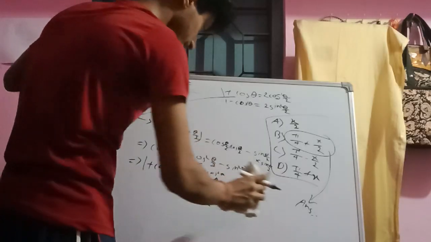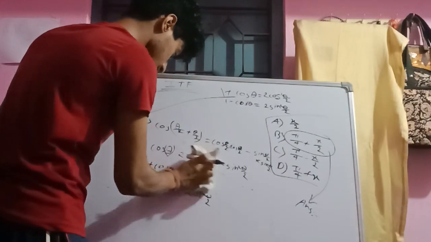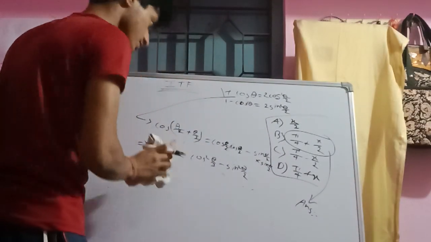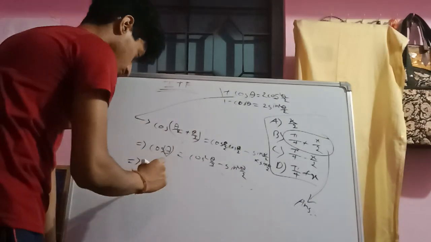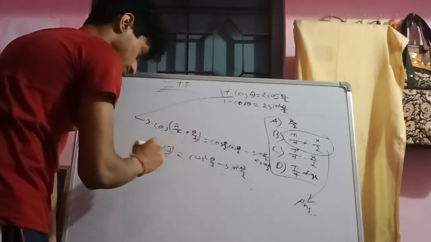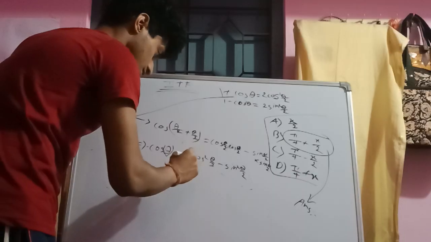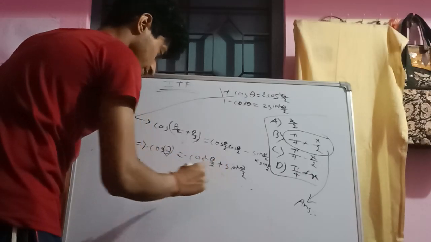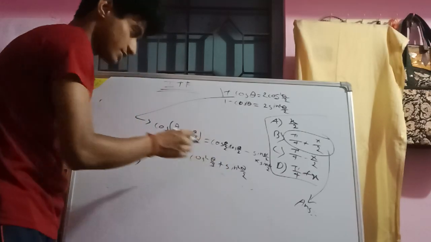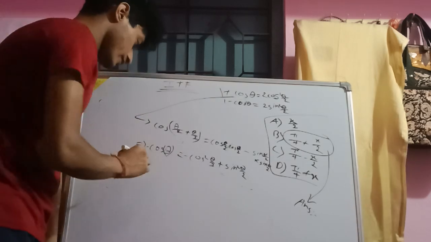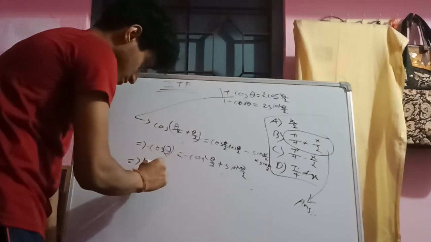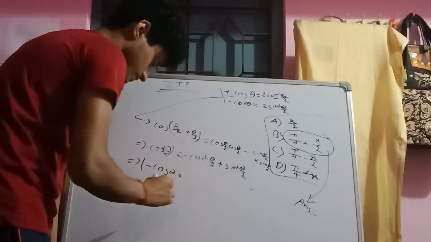Now the same way, changing the signs of both sides, minus cos theta would become minus cos square theta over 2 plus sin square theta over 2. Now if I add 1 on both sides, 1 minus cos theta.